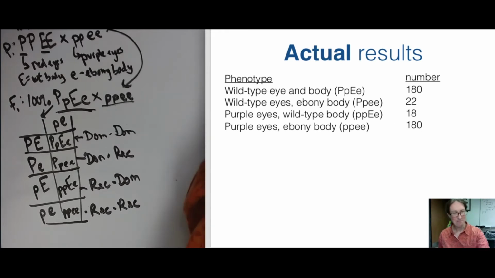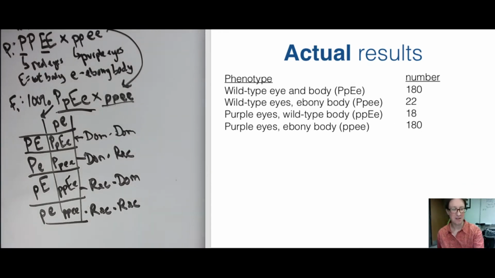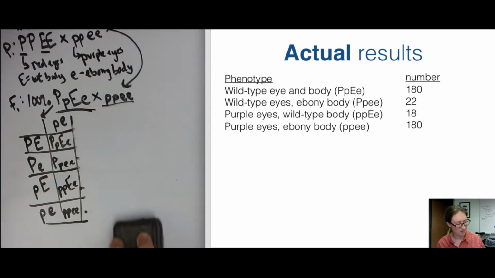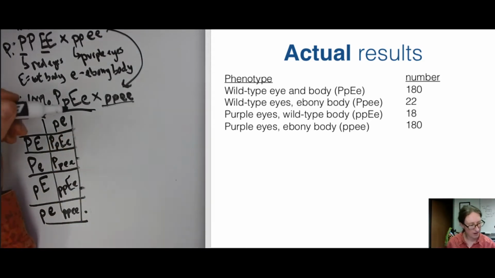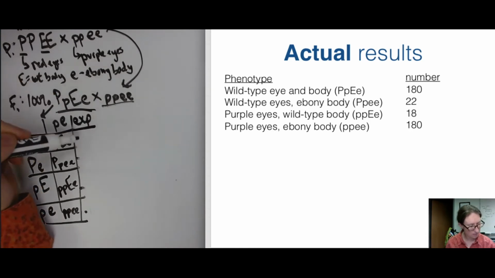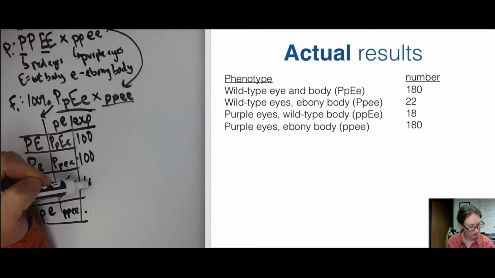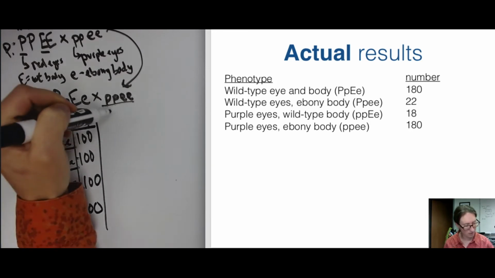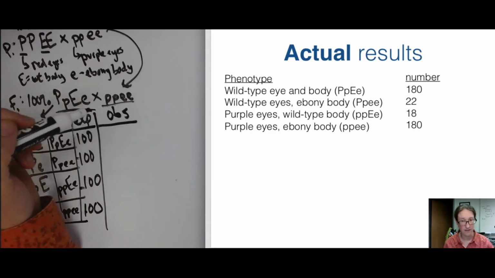Well, that's all well and good, but if you do this cross, here's what you actually get. So I'm just going to write in a column here my expected numbers if I wind up collecting 400 offspring. And then next to that, I'm going to put what was actually found.